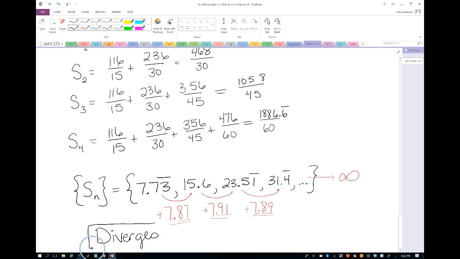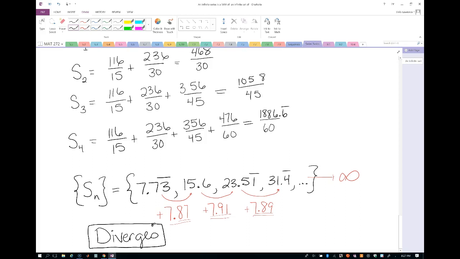So this last one is really tricky. And I'm not going to edit it out of the video because I want you to see it's not like Calc 1 where we could always figure out the derivative with our limit definition using that difference quotient. Some of these sequences of partial sums are really, really difficult to find the nth term.